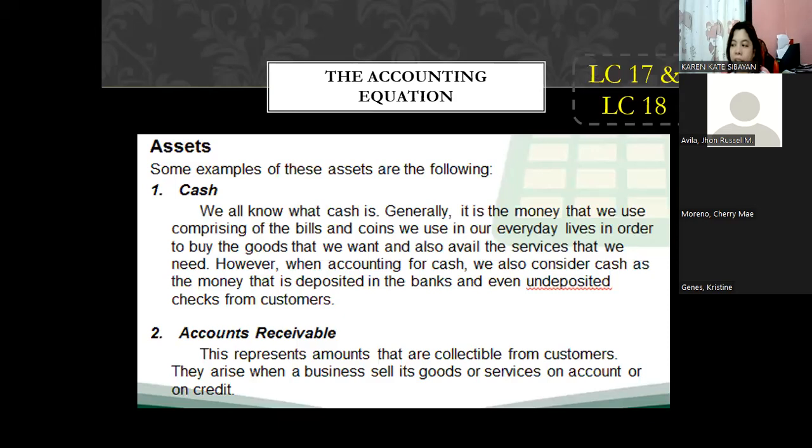And make sure also to be aware kung what point of view ba ang sinasabi natin. Pag ikaw yung nag-render ng services, hindi nagbayad si customer, so sa books of account mo, ibig sabihin meron kang accounts receivable or meron ka pang matatanggap sa customer mo.